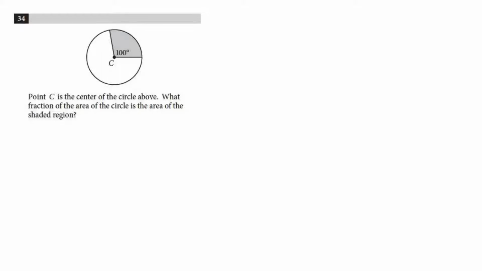34. Point C is the center of the circle above. What fraction of the area of the circle is the area of the shaded region? Okay, well, we know that the central angle here is 100, and that's out of 360.